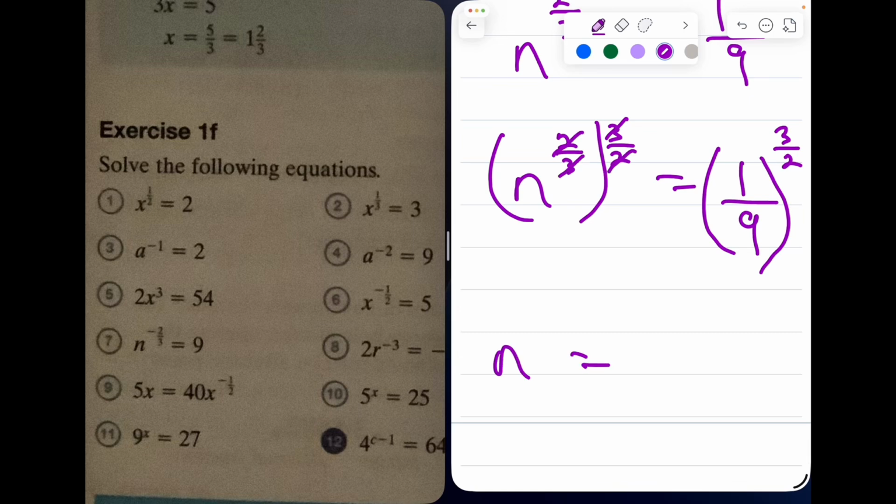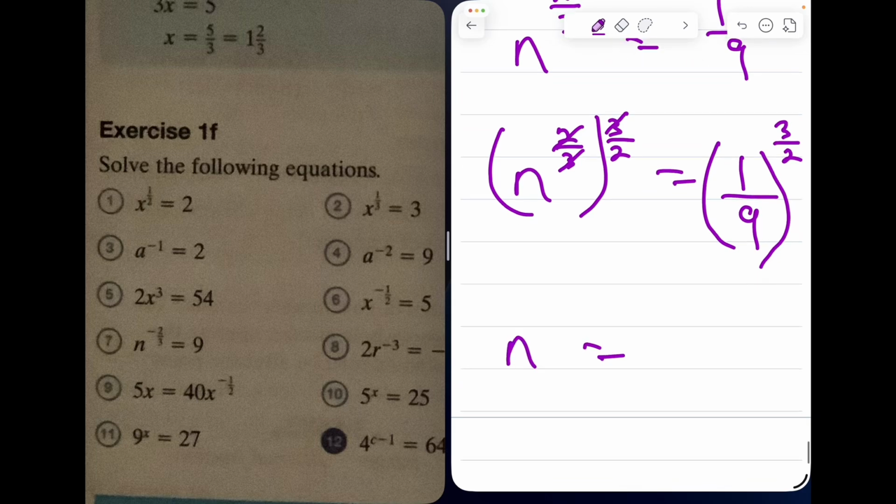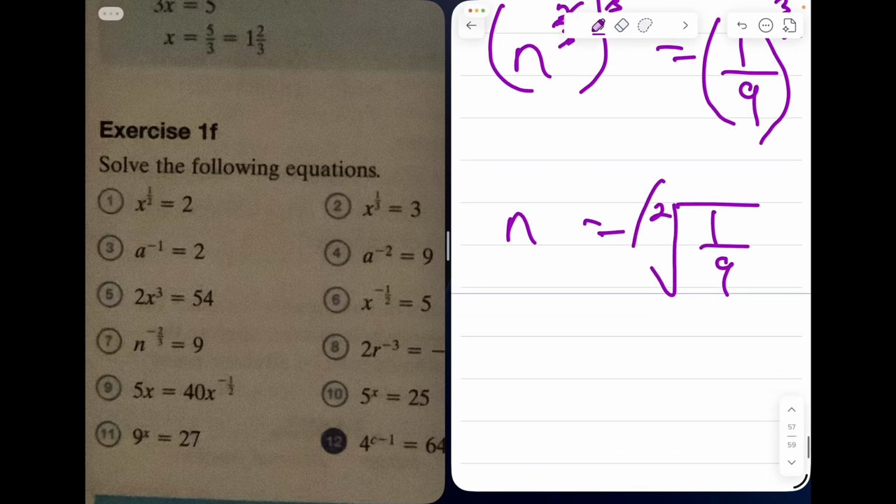And that means n is equal to 1 over 9 raised to the power 3 over 2, which simply means the square root of 1 over 9, raised to the power 3.